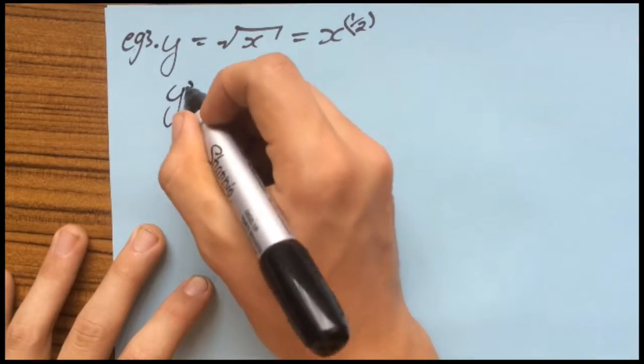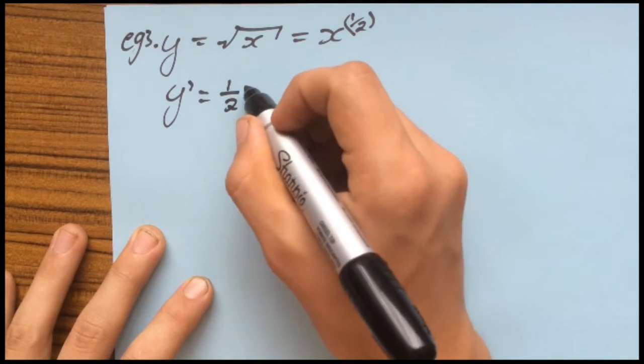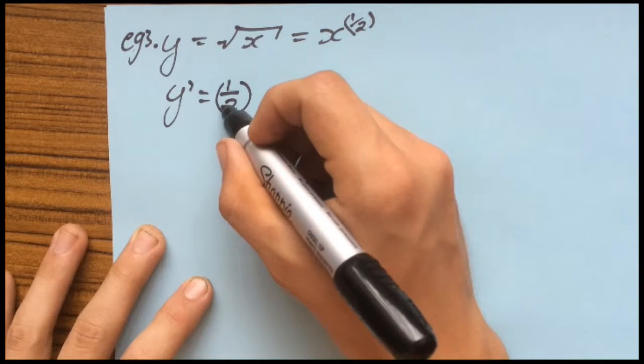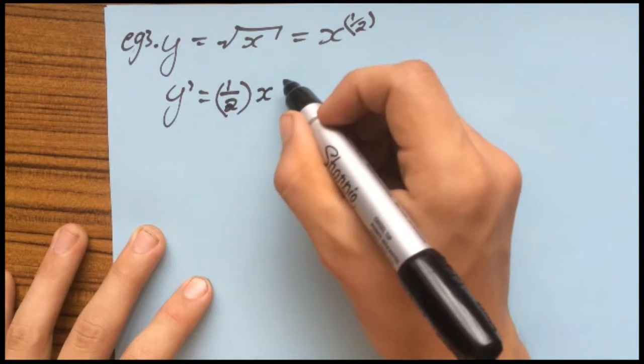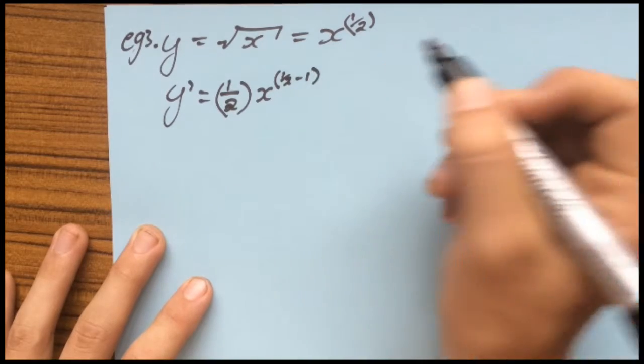So, y dash equals 1 over 2 multiplied by x to the power of half, take 1.